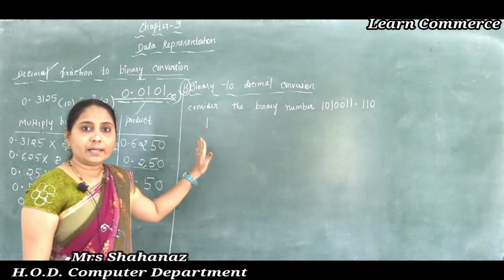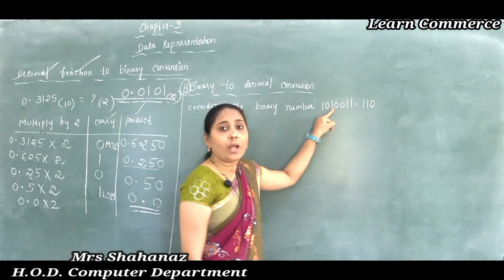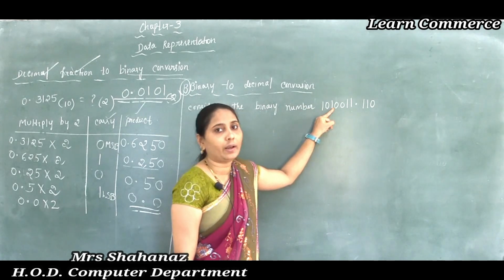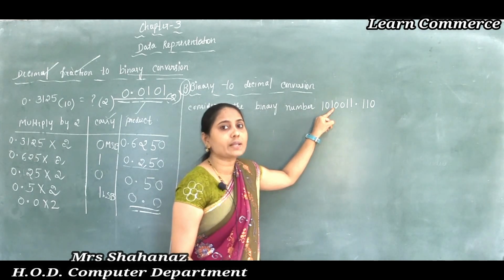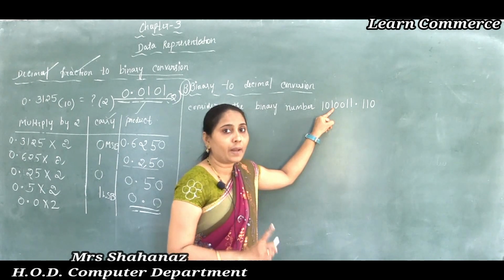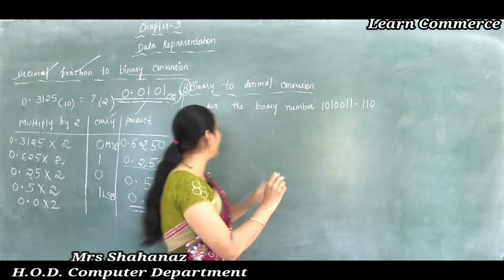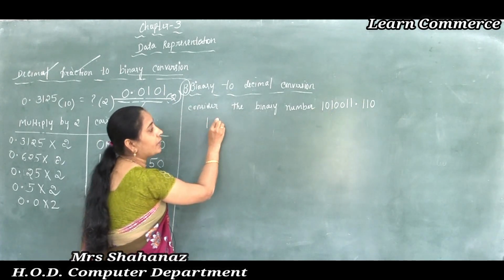Clear this one? Multiply, this is the bit, correct no? As we know, binary digit values are 0 and 1. So multiply each bit of the binary number by its positional weight. Now first of all we'll write the question.